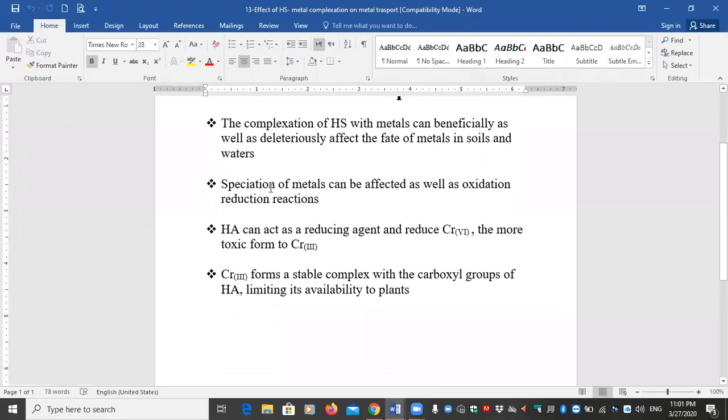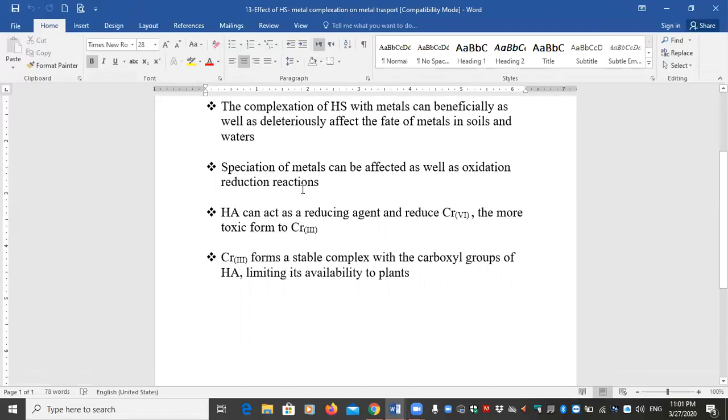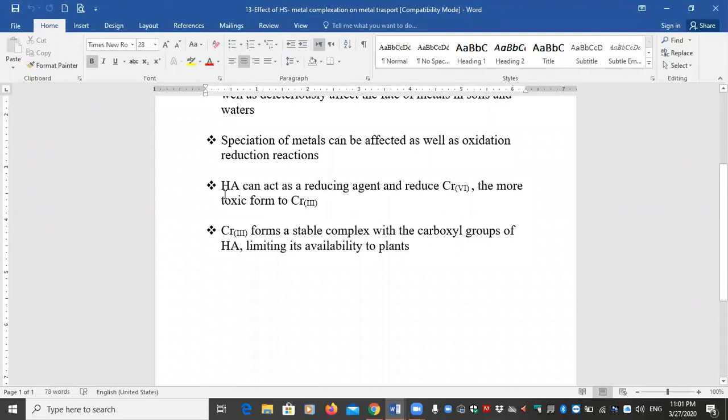Speciation of metals can be affected as well as oxidation reactions. Speciation means the different species, the different forms of metals that can be found, and these can be affected. Also, the oxidation reduction reactions can be affected. Humic acid can act as a reducing agent and reduces chromium 6, the more toxic form, to chromium 3.